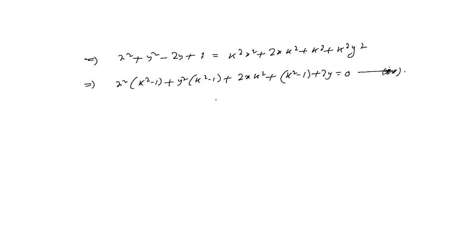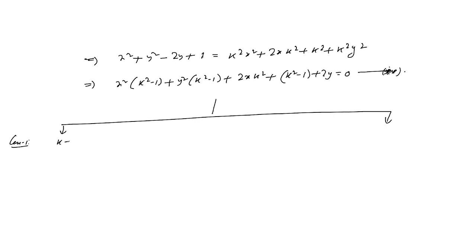Now you just consider one thing from here. Let first case 1, consider k not equal to 1. Then obviously it represents a circle with center k square by k square minus 1, 1 by k square minus 1.